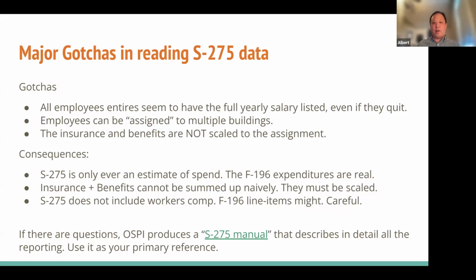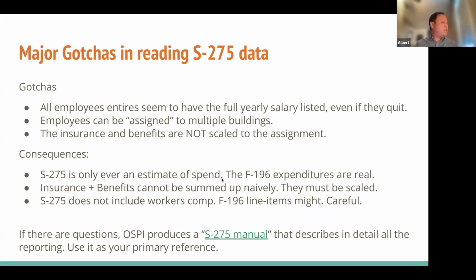And then their data modeling is a little bit messy. The insurance and benefits are not scaled for the assignment. So if I'm assigned 0.5 time to Ballard High School and 0.5 to Adams, I will have on my entry for Ballard 10K for insurance, and the same at Adams, making it look like it's 20K of insurance, which is not true.